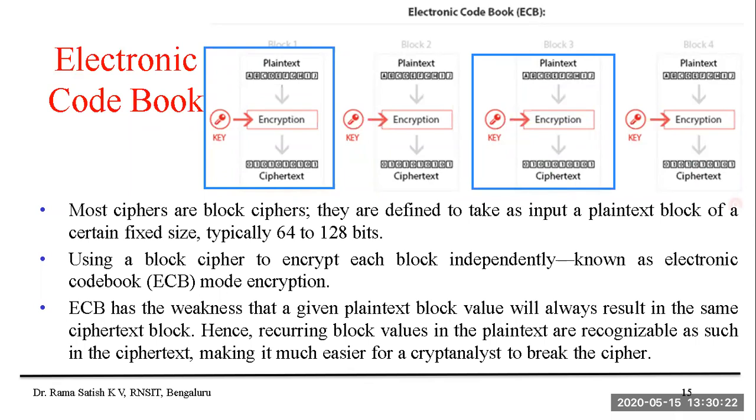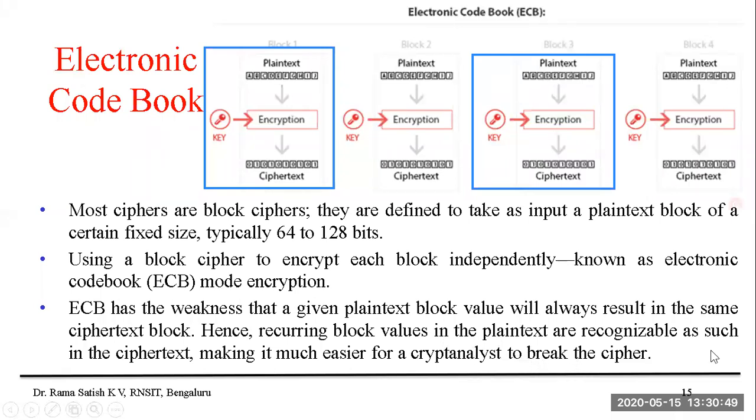ECB, electronic code block, uses the same encryption for all the data. So recurring blocks, the same type of blocks, with recurring values in the plain text are recognizable as such in the cipher text, making it much easier for cryptanalysts to break the cipher.